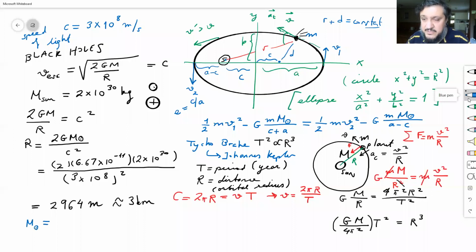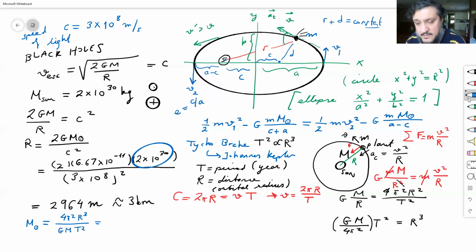I use that number here, 2 times 10 to the 30. Let's see if indeed that is the number. So the solution for m here will be 4 pi squared r cubed divided by G T squared.